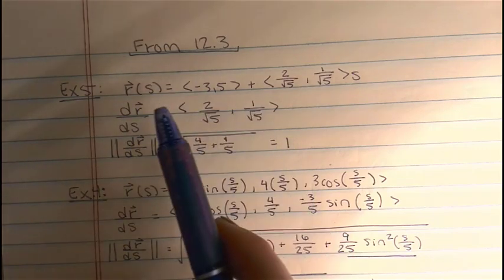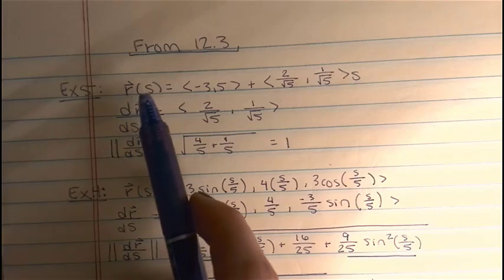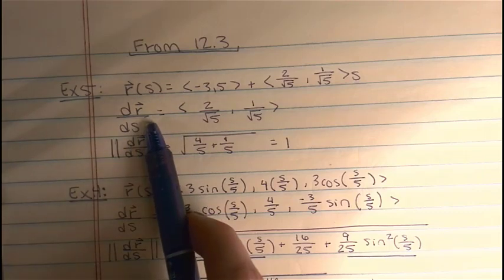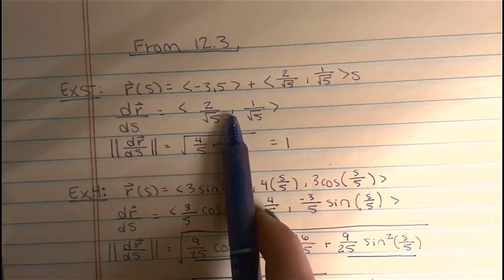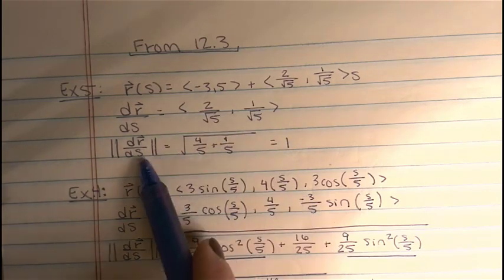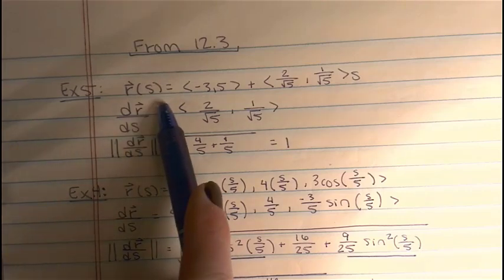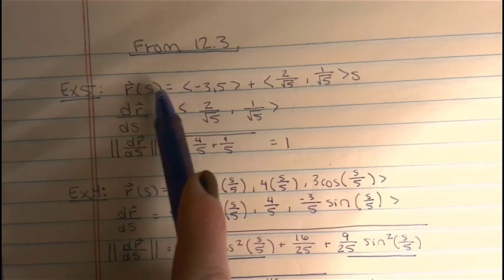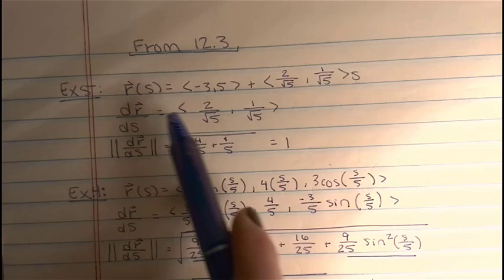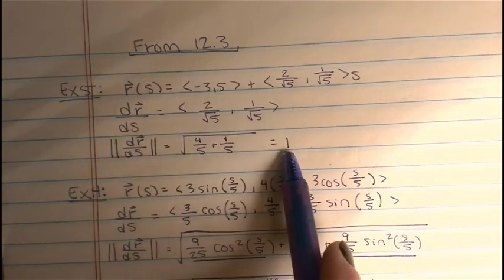What I want you to notice is that if the function is parameterized in terms of the arc length s, when I take the derivative, I will get some kind of vector, because the derivative of a vector is a vector. But when I take the magnitude of the derivative, only when it's parameterized in terms of arc length, this doesn't happen if it has t here, I end up getting a magnitude of 1.